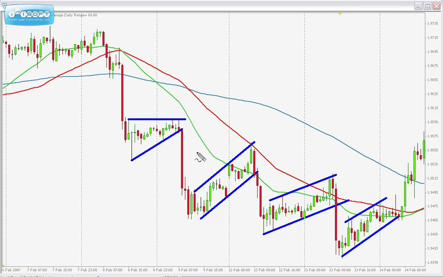As we've seen already in the previous video, a flag is nothing but an ascending range all the way up to the area of dynamic support. There is probably also a Fibonacci level from here to here, for sure. That's probably around the 61% Fibonacci.